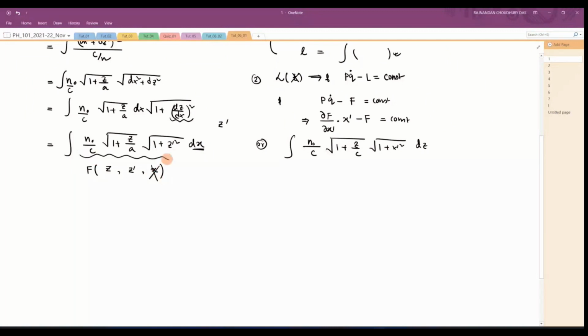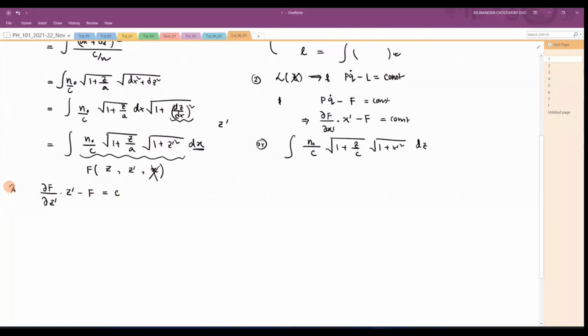This is our f, which is not having x dependency. So if your Lagrangian was not having any explicit time dependency, you could write p q dot minus L equals a constant. So one way you can solve it like this: p will be equal to df by dz prime into z prime minus f equal to a constant.